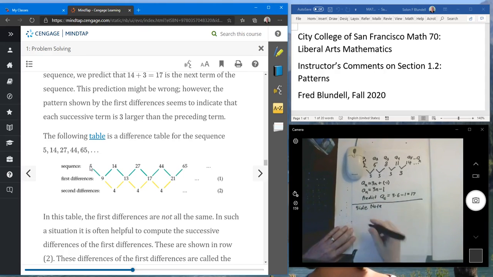So if you want to add up some numbers, let's say we want to do 1 plus 2 plus 3 plus 4, we'll just add up the first 6 natural numbers. There's a little trick you can do.